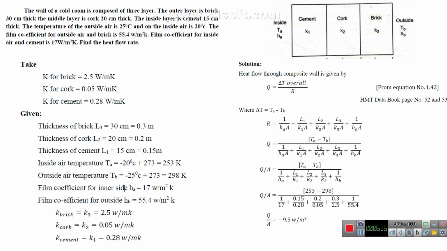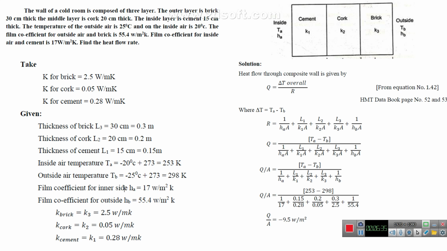Okay, then we solve for Q by A, that is the heat transfer per area, the heat flow rate. Okay, so then we take the area to the left side, Q by A, equal to all the remaining terms.